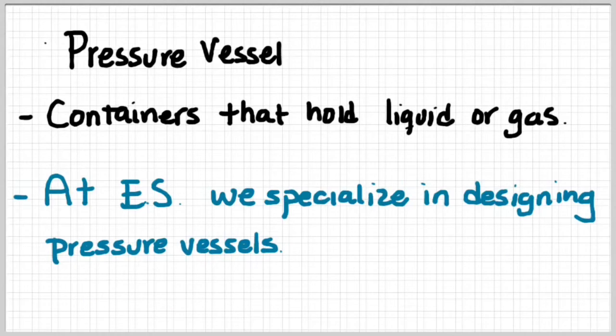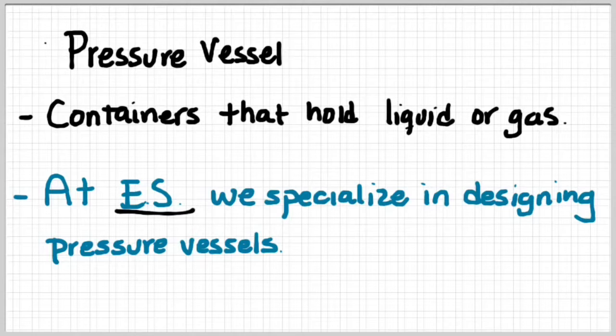The next word is pressure vessel, and it means all containers that hold liquid or gas, and of course, in very big amounts. For example, at English Solutions, we specialize in designing pressure vessels.